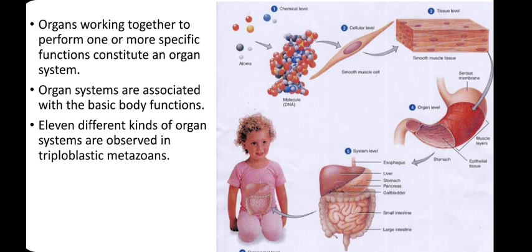Depending upon the function they perform, we have different organ systems like the digestive system, respiratory system, circulatory system, excretory system, skeletal system, nervous system, etc. So each one of these is specialized for performing a specific function.